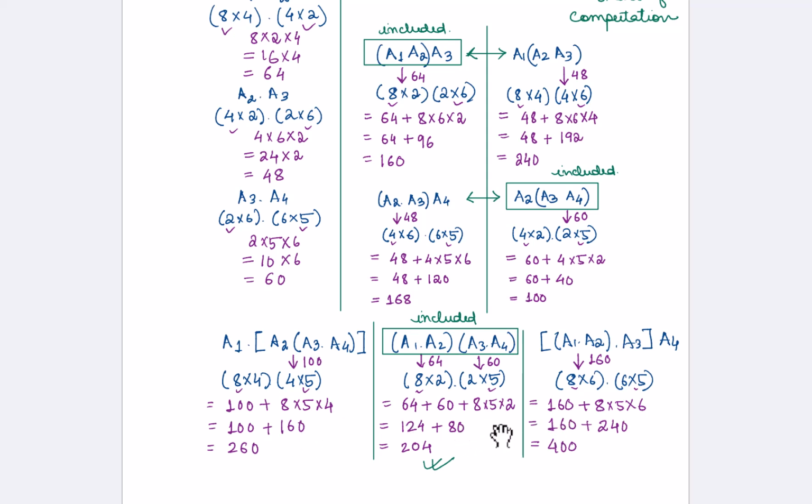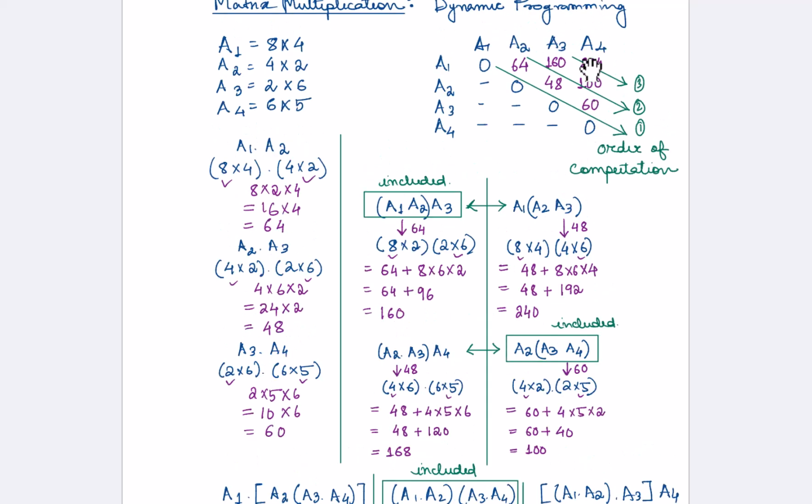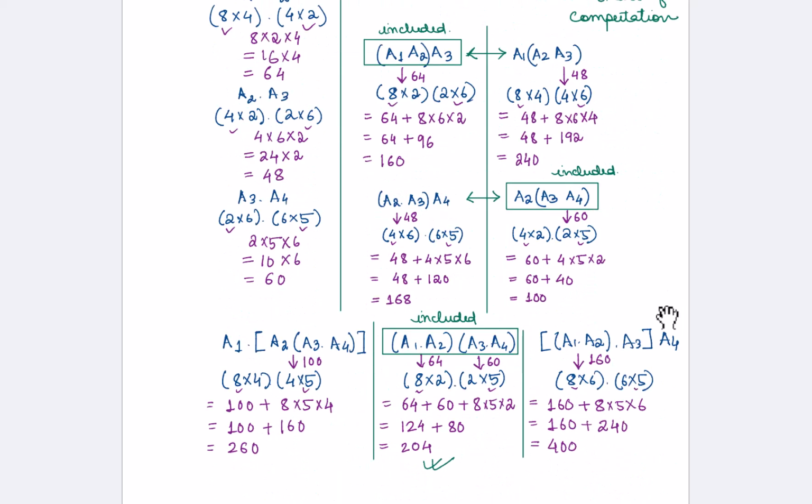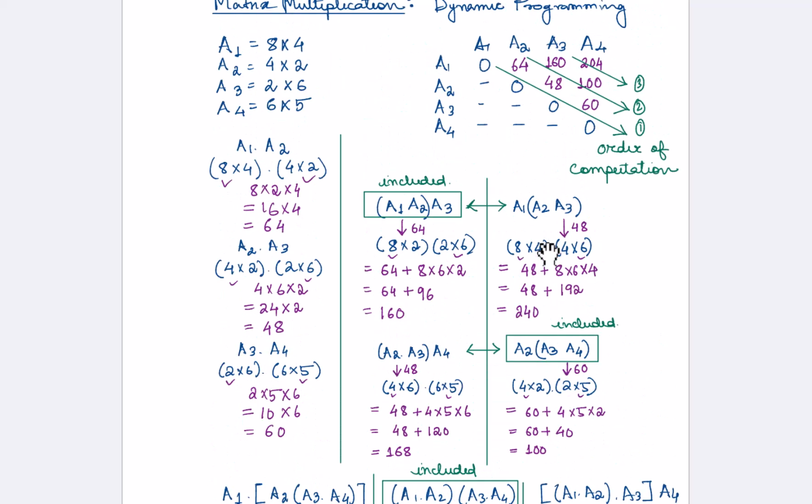Since we have seen the results, we know that 204 is the minimal value, and we can write down 204 as the final answer. So this was the expectation. If a question of this type arises, it will ask you to find out the way we have to multiply the four matrices so that the number of multiplications required is minimal.